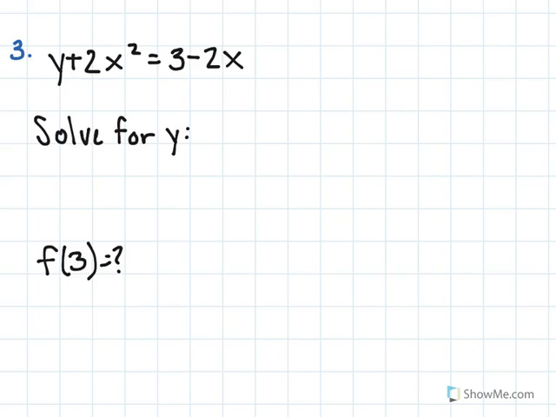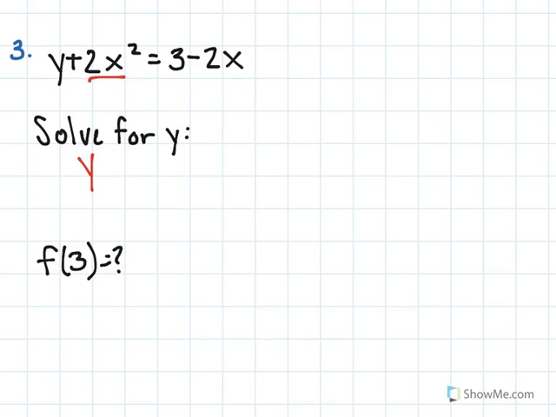In our next question, we're given y plus 2x squared equals 3 minus 2x. First we want to solve for y, and after that we're going to evaluate the function at x equals 3. In order to solve for y, we want to move all of our x terms to one side and keep our y on the other side. The first step would be to subtract 2x squared from both sides.